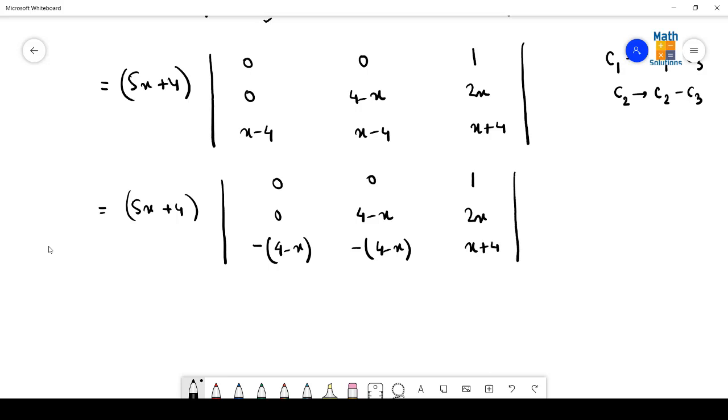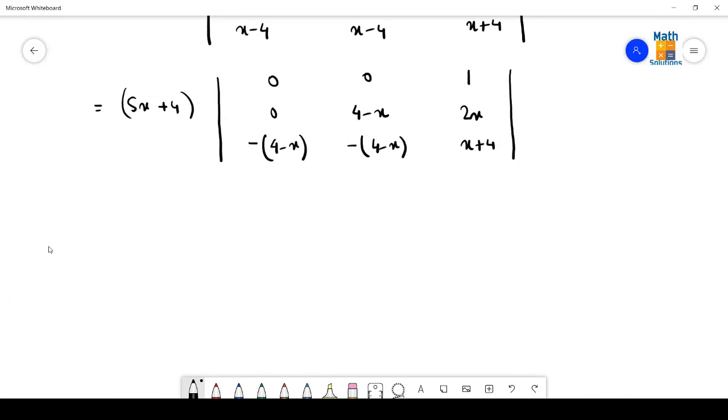So from the first column and second column we can take common 4 minus x. From the first column I am going to take out 4 minus x, and from the second column also I am going to take out 4 minus x. So let us check how many we shall be getting. 2 terms of 4 minus x at a time we are taking out.